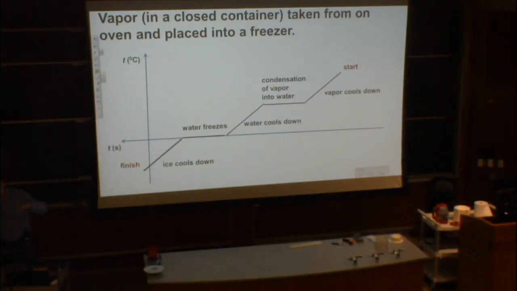It depends on pressure, but under regular pressure it's 100 Celsius, 212 Fahrenheit. So it starts condensing. Condensation eventually leads to just water. Water cools down, water freezes. Eventually we get ice. Ice might keep cooling down.